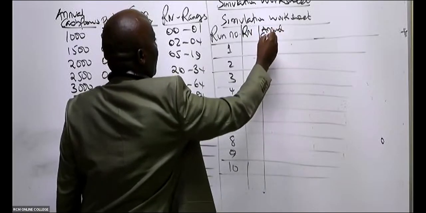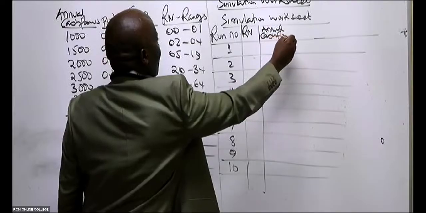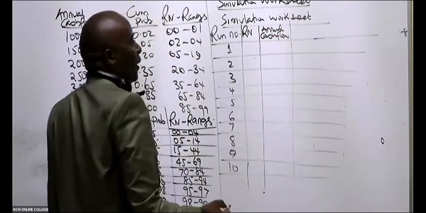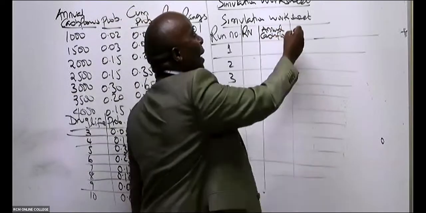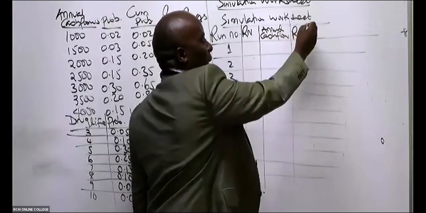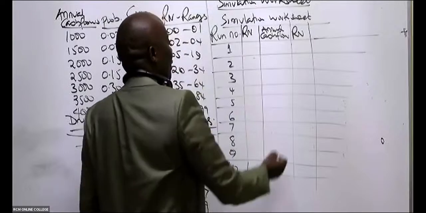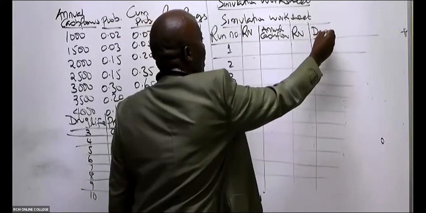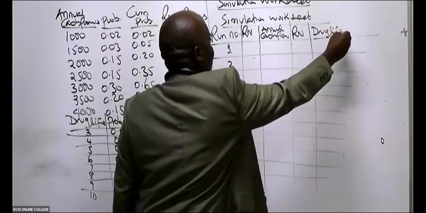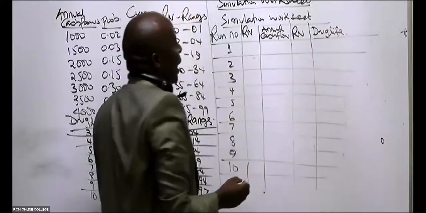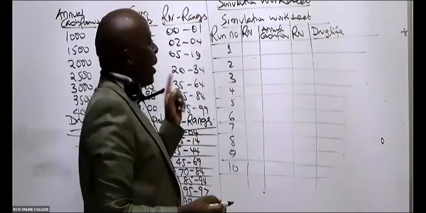So that's the first variable. The second variable, you pick a random number, and then you will be able to get what we call the project life.